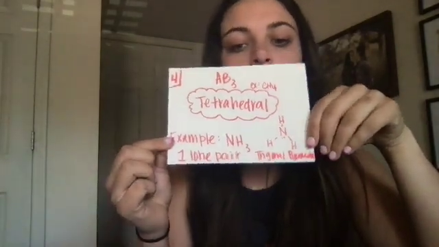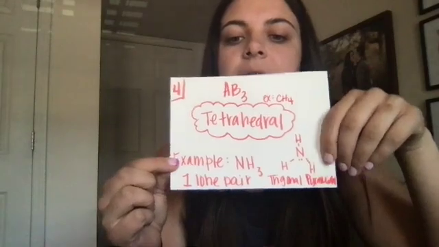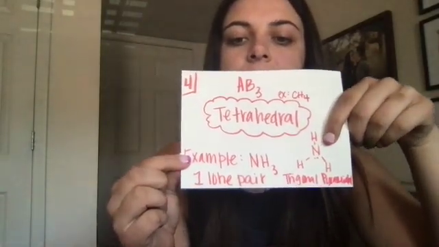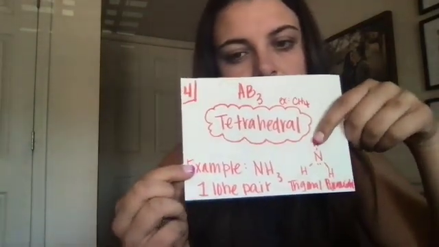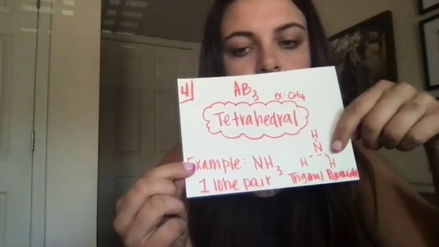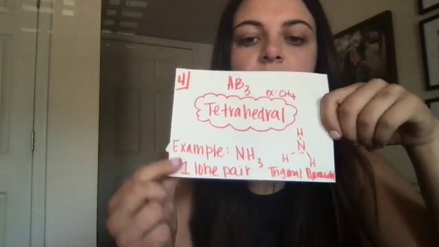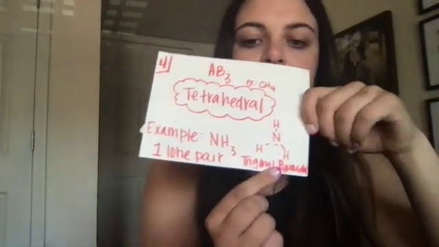An example with 1 lone pair is going to be your NH3, and I have drawn your little Lewis structure there, and so you can see you have 1, 2, 3, and then you have 4 electron domains attached to your center atom. And so when it has that 1 lone pair, it's going to be trigonal pyramidal.